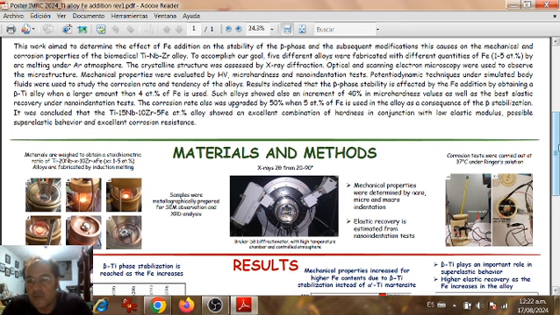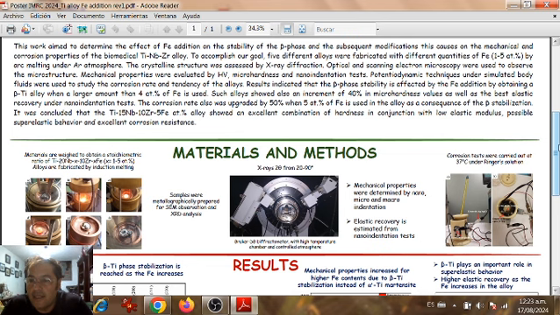After that, the samples were prepared for mechanical properties by nano, micro, and macro indentation. From the nano indentation test, the elastic recovery is also estimated from the curves of charge and discharge.